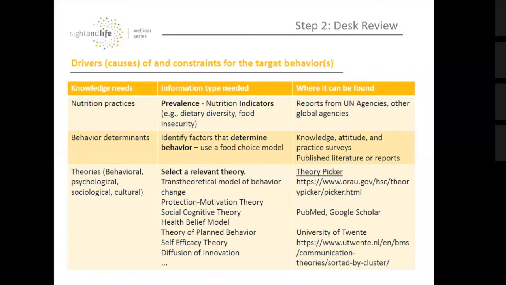But there's this really cool tool, and thanks to Yana, who brought it to my attention. It's called the Theory Picker, and I've placed the URL there. So it'll help you select which theory is most relevant for the situation that you face. And for the more advanced practitioners, you can search PubMed or Google Scholar and explore communication theories, such as those listed in the resource there at the University of Twente.